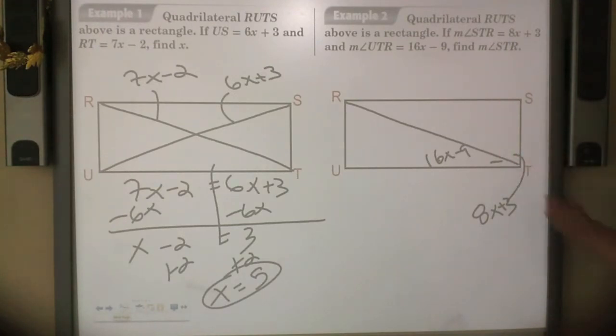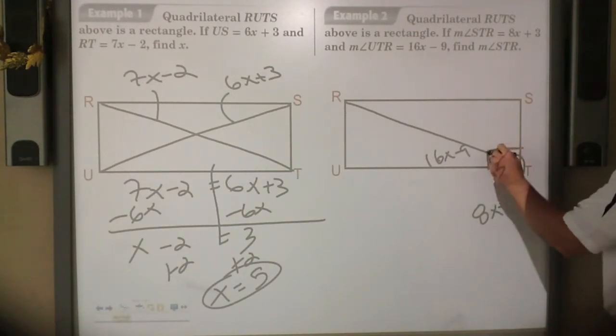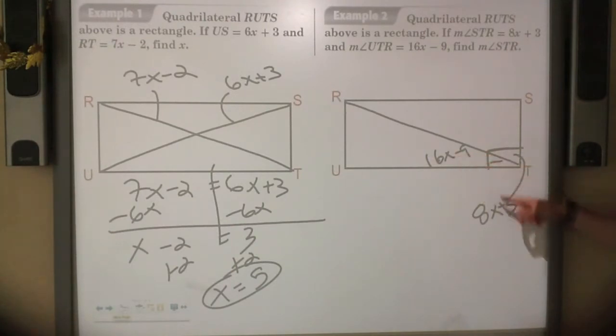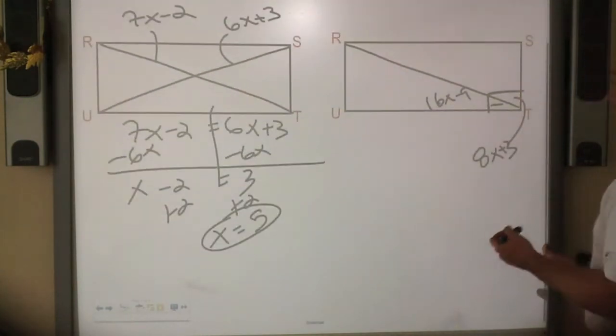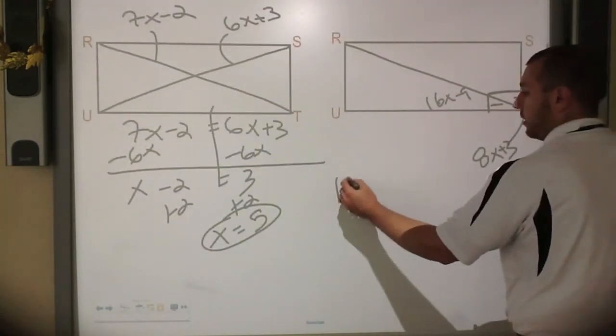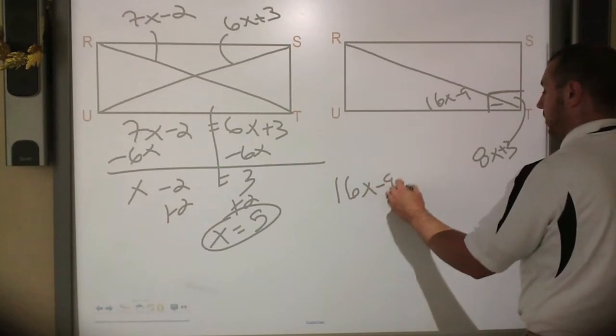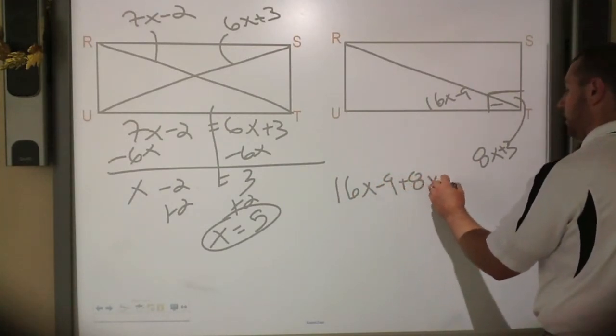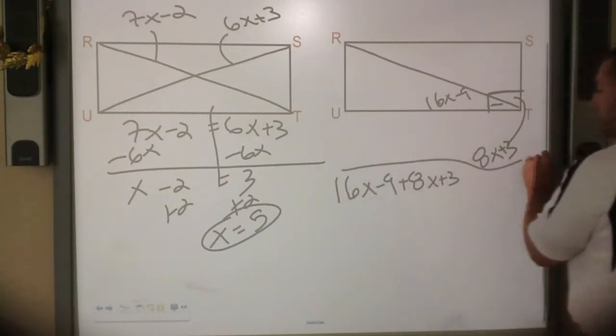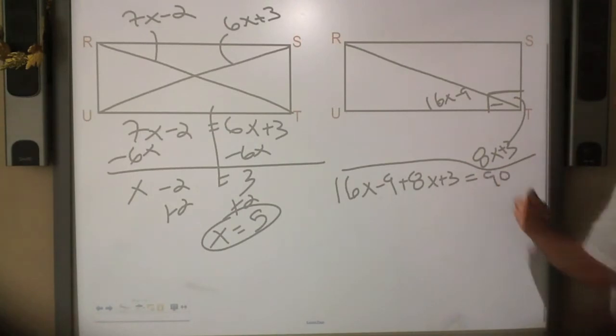Each angle here is 90 degrees, remember. So these two angles put together make that 90. So what I have to do is add those together, and they're equal to 90 because they're at the same angle.